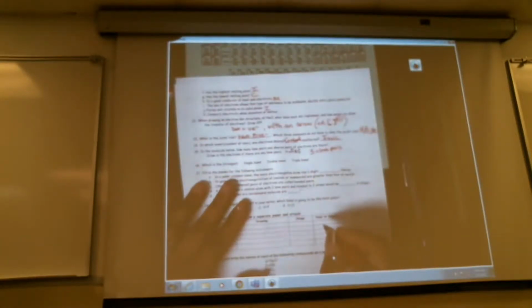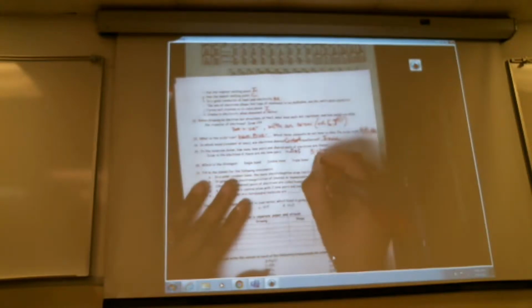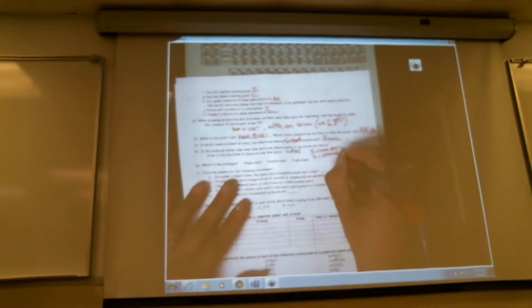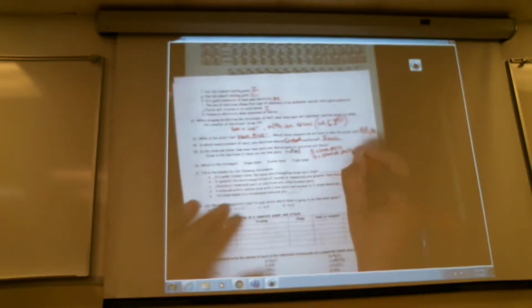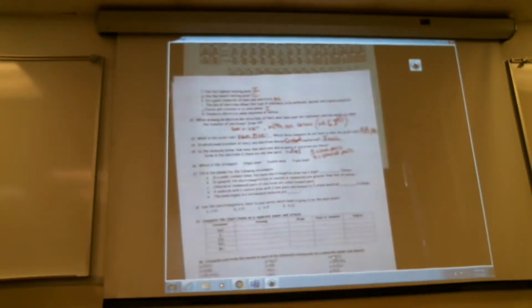And how many shared pairs? 3 shared pairs. Hopefully that makes sense. I really like that drawing, that question. I thought that was a good question. All righty. Keep going.